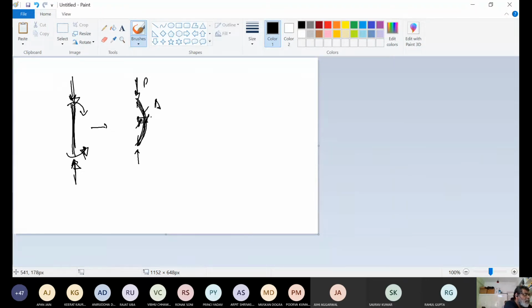Are we okay with this? Yes, sir. Now this P delta term which you're getting is your geometric stiffness term. Why is it called the geometric stiffness? Because it is fundamentally dependent upon the geometry of the structure.